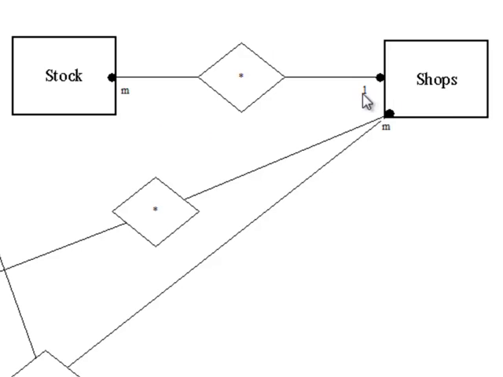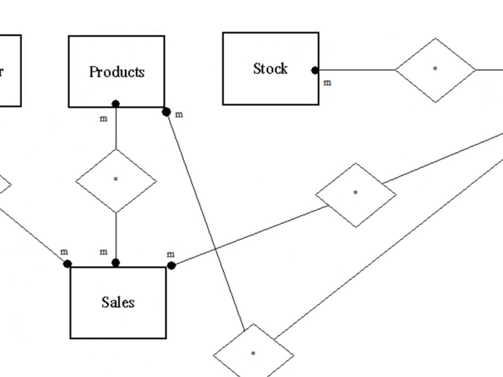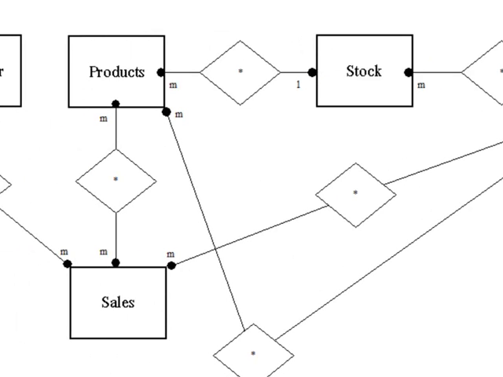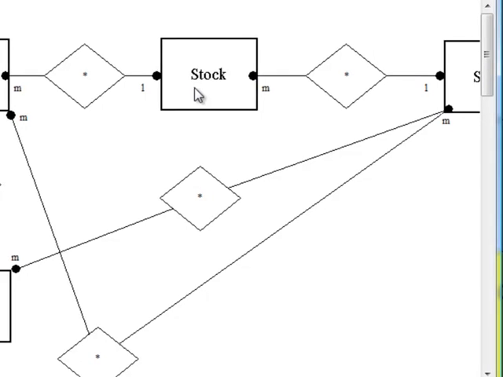So we've put a 1 there, but note that it could be 0. Let's do the other side now. Now, what I've done here is to say that a product is in a many-to-one relationship with stock, but there may not be any of that product in stock.